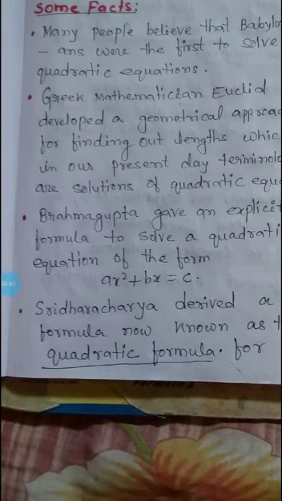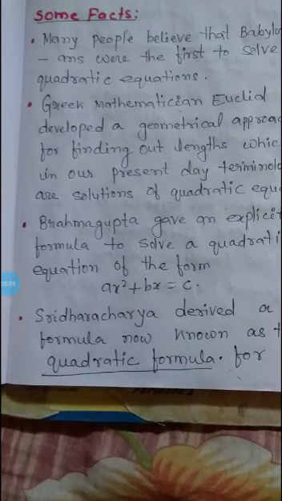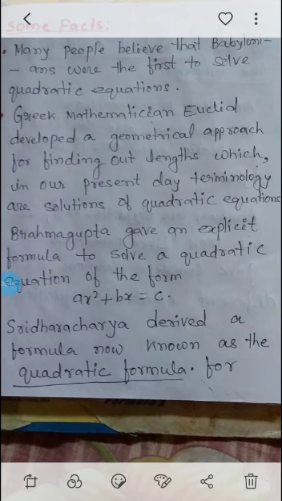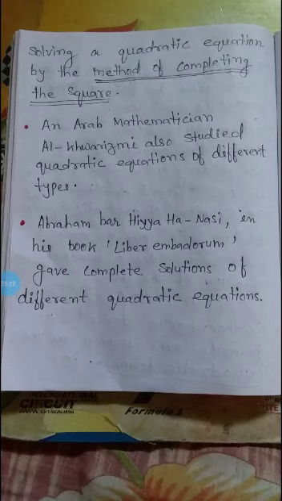After that, Brahmagupta gave an explicit formula to solve a quadratic equation of the form ax square plus bx equals c. After that, Sridhar Acharya derived a formula, now known as the quadratic formula, for solving a quadratic equation by the method of completing the square.